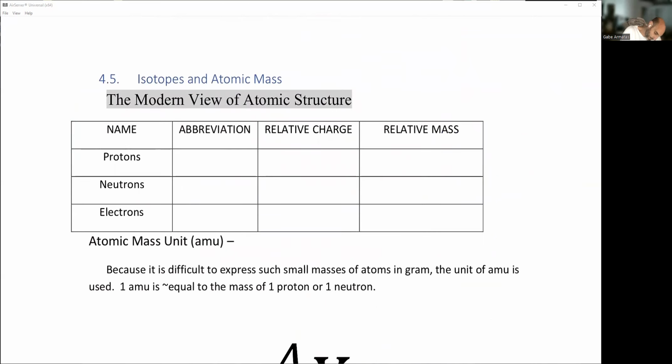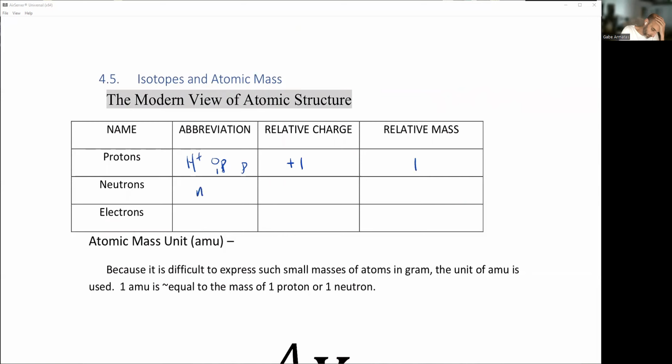A proton is typically abbreviated in a couple of ways. Weirdly, if we write H+, that's like saying a proton, but you might see something like P with 1 and 0, or just P for proton. The relative charge: all protons have a +1 charge, and the relative mass is, let's just call it 1.